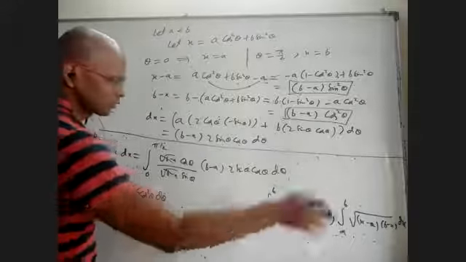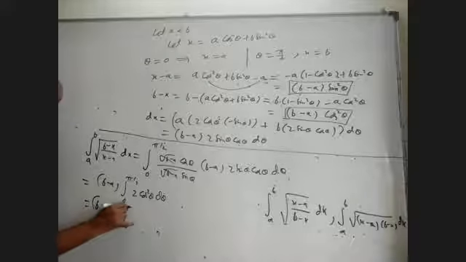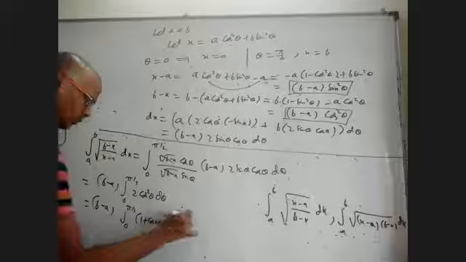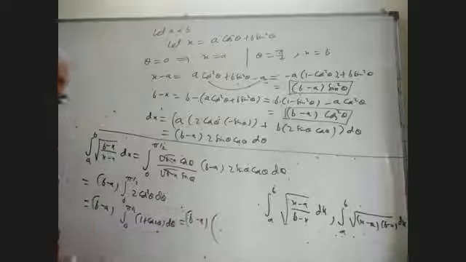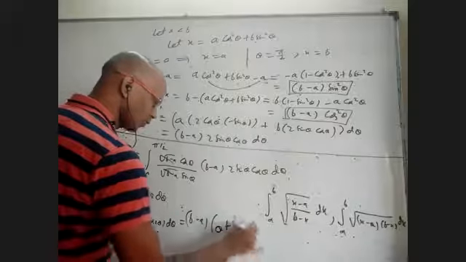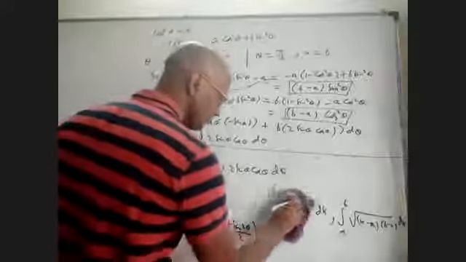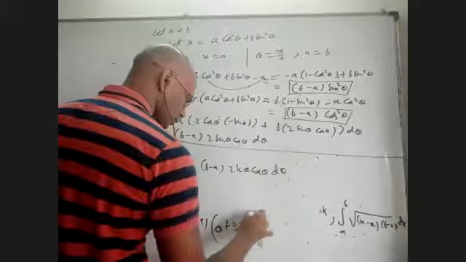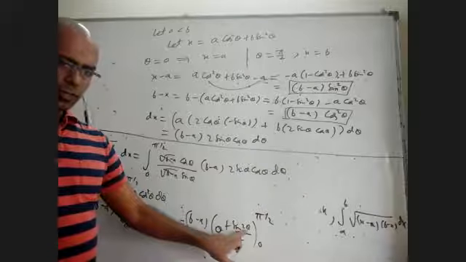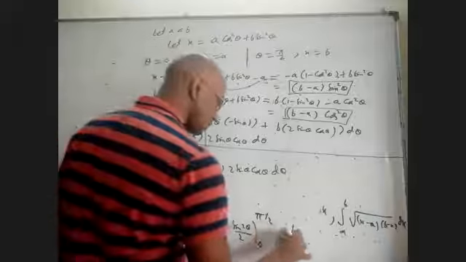If it is this, would have got 2 sin square theta, not an issue. 2 cos square theta, I can write 1 plus cos 2 theta. 1 integral is theta, cos 2 theta integral is sin 2 theta by 2, 0 to pi by 2. This one, when you put pi by 2 also it is 0 because of 2 theta. When you put 0 also it is 0. Only theta will be left with pi by 2. So you'll get b minus a into pi by 2.